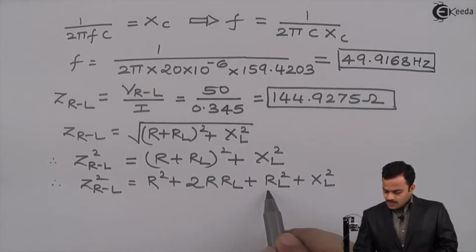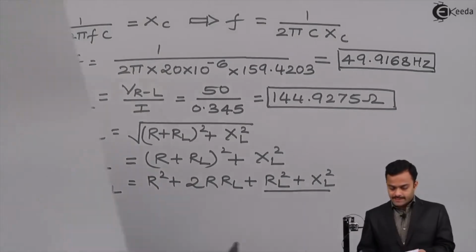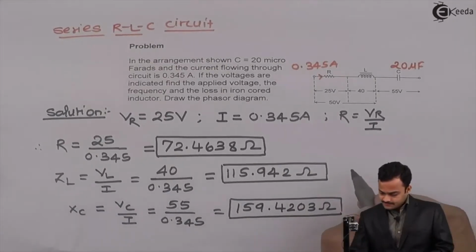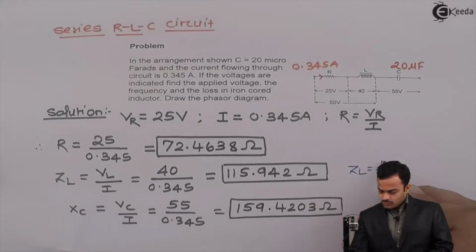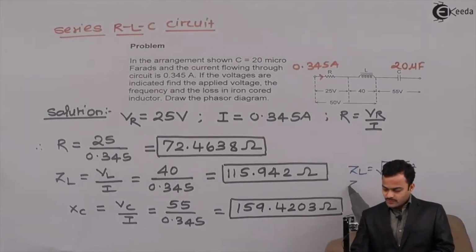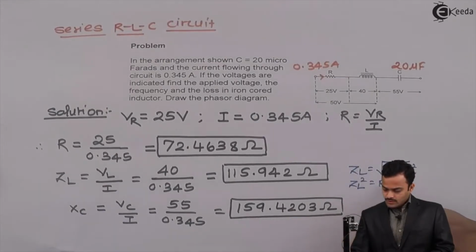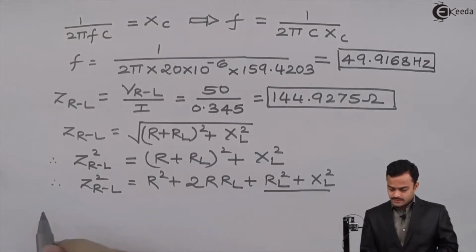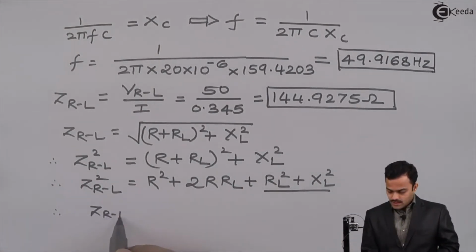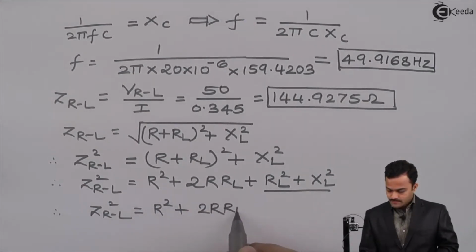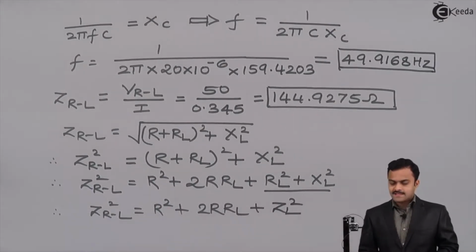Now see the advantage. RL square plus XL square I can consider as ZL square, because ZL is nothing but root of RL square plus XL square. So obviously if I square both sides, ZL square equal to RL square plus XL square. So ZRL square equal to R square plus 2 times R into RL plus ZL square.